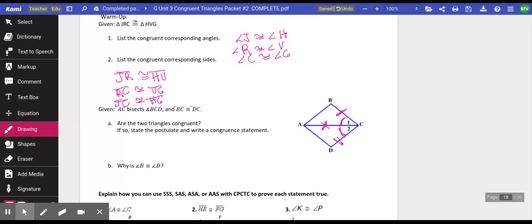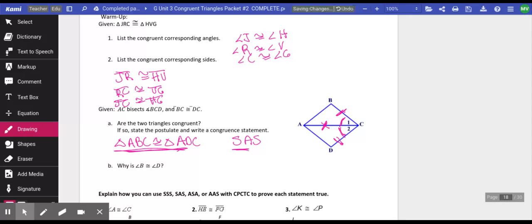So yes, I know that triangle ABC is congruent to triangle ADC by side, angle, side. So that's my congruent statement and the postulate.